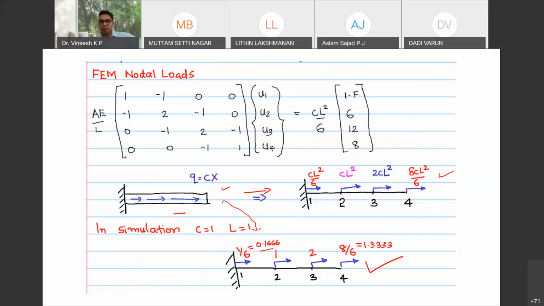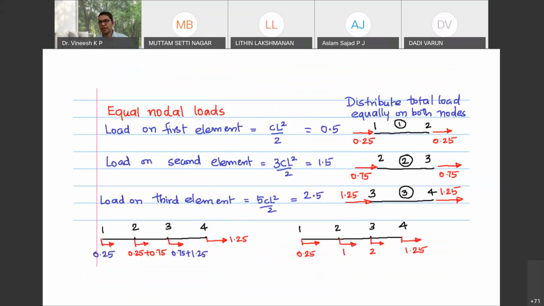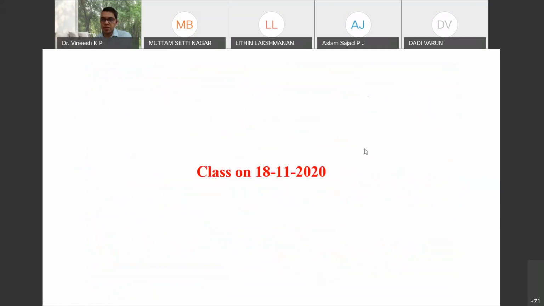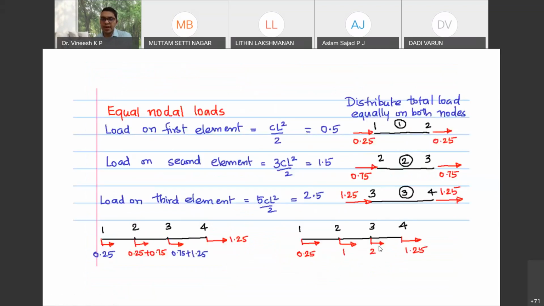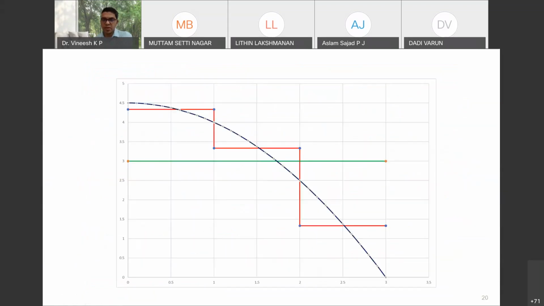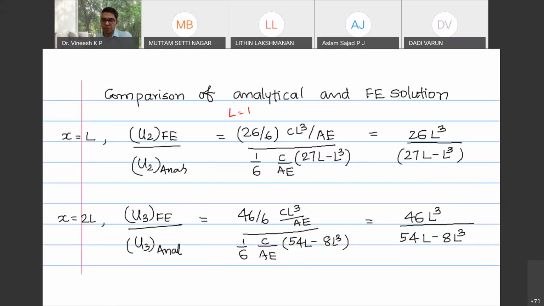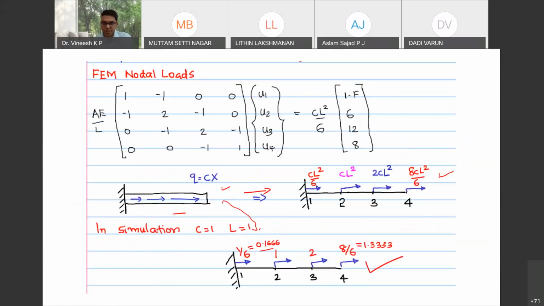So now we will do another case. We just need to check why Abaqus is showing a different result in our case when you apply a distributed load. In our formulation, 33% is distributed to one node and the remaining 66% to the other node.